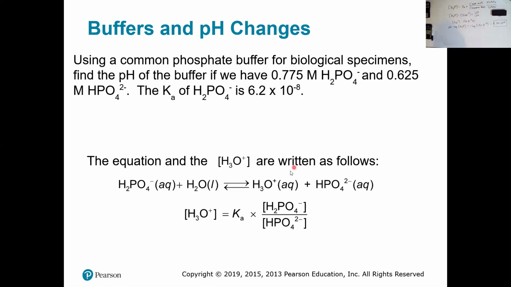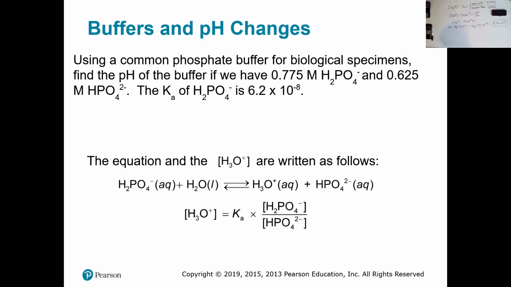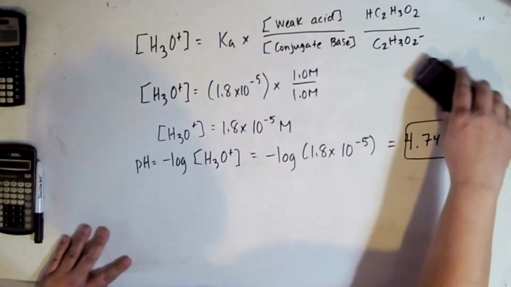So notice that the first thing that we do here, we write out that equation for our H3O plus. H3O plus is going to be Ka times the concentration of the weak acid divided by the concentration of the weak base. Plug those numbers in.